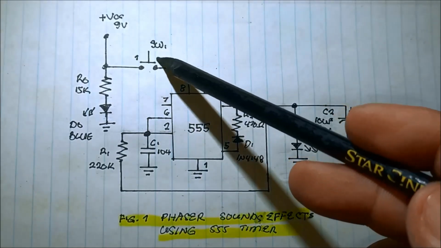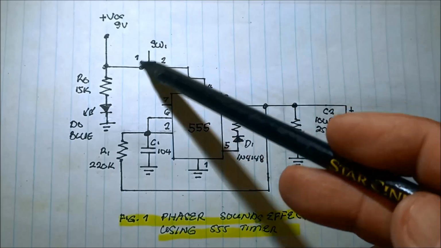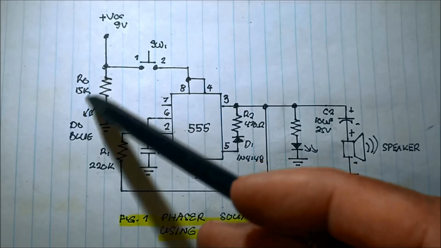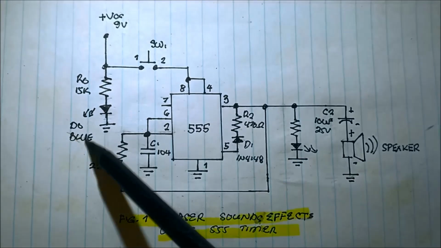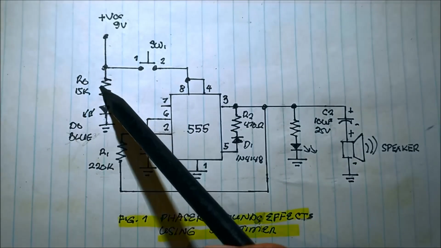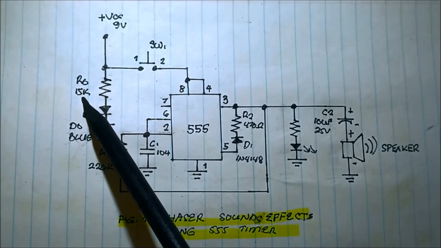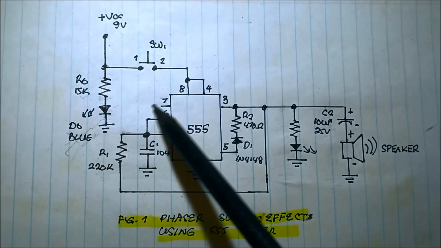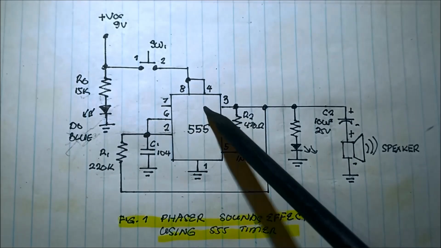Of course, we have this push button normally open, and then the power indicator, blue LED with the resistor 15K in series with the blue, and then the 555 timer chip.